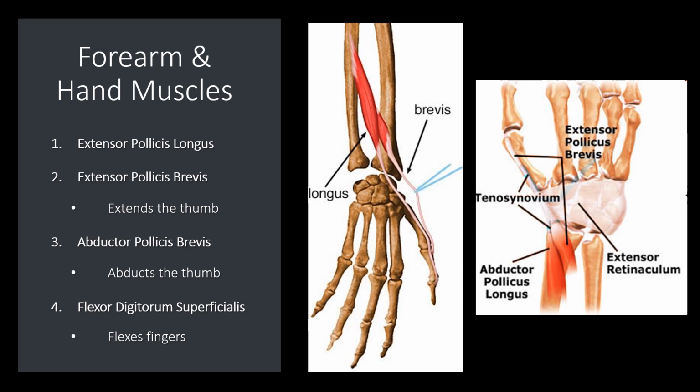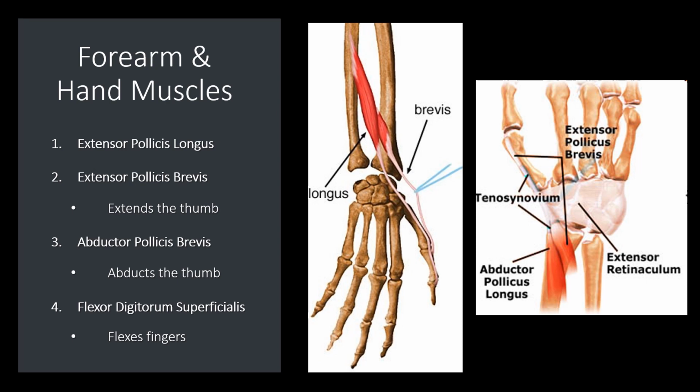Now, we talked about the thenar being a collection of muscles, and these are those muscles. Pollicis is the Latin name for thumb. So like the big toe is hallucis, the thumb is pollicis.